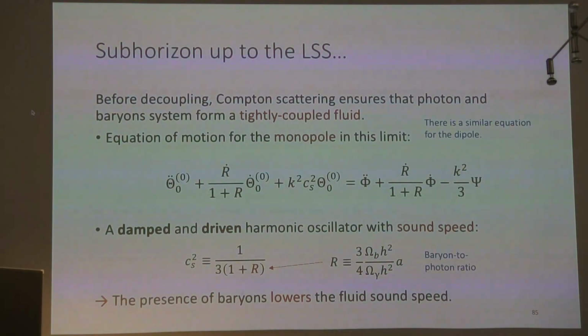There's one more thing we can do. You know it's a harmonic oscillator that gives you acoustic oscillations. But there's actually one more game we can play, and that is we can try to find an approximate solution to this equation.